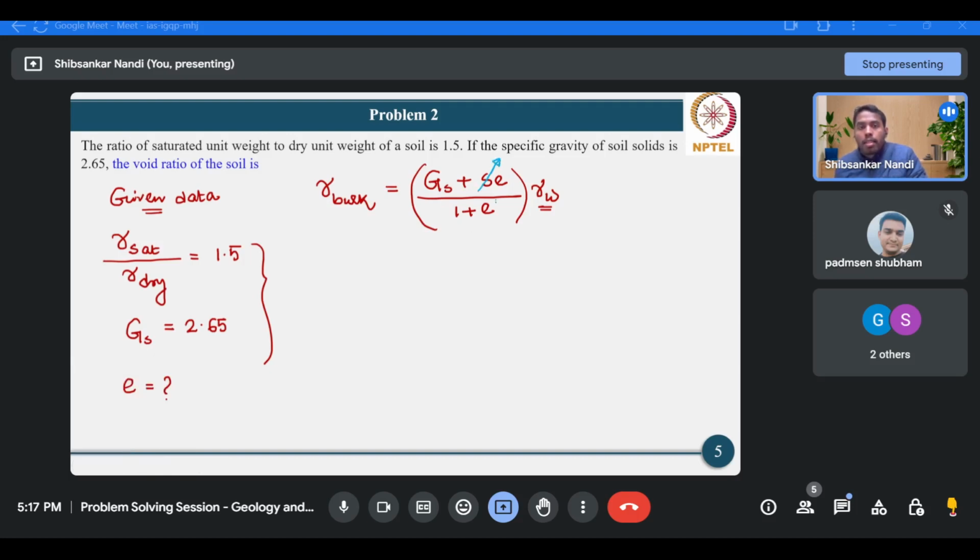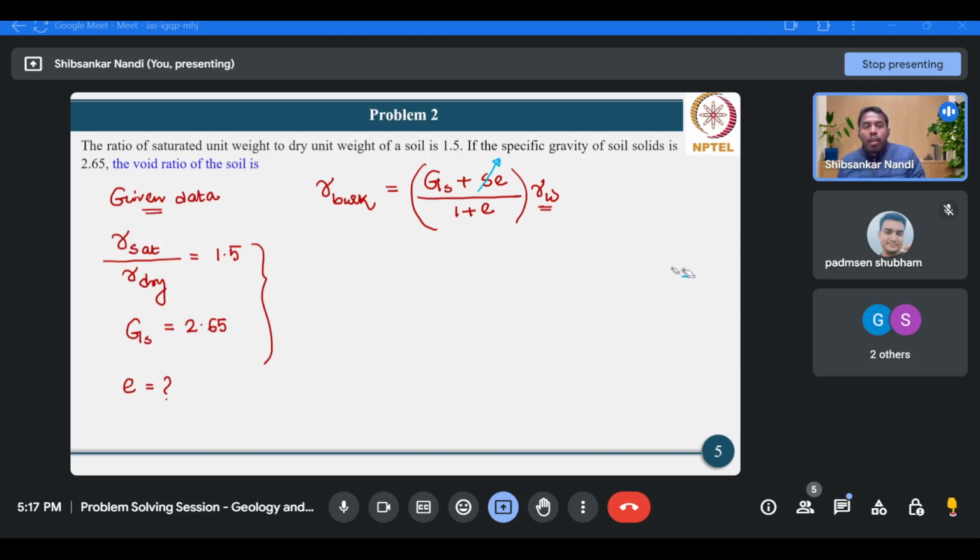As you know, what is the permissible range of the degree of saturation for a soil? Yes, 0 to 100, or we can say 0 to 1.